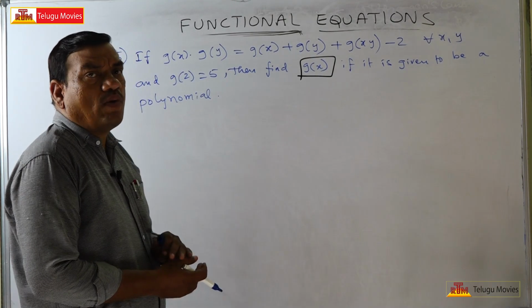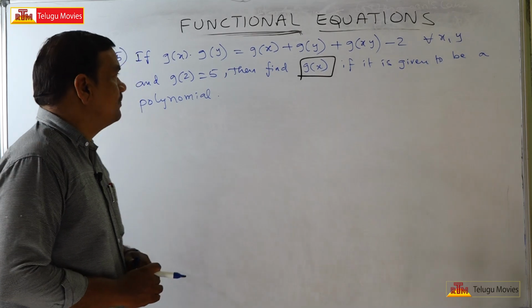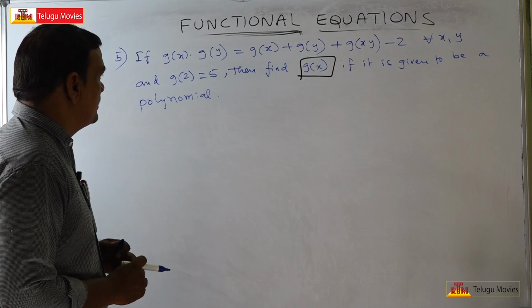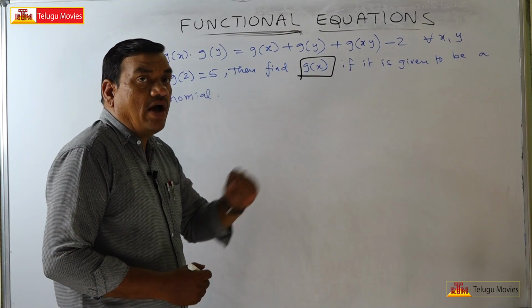This is a problem which is both observation and formula type. See here, first of all, this problem is g of x into g of y is equal to g of x plus g of y. We have a formula.